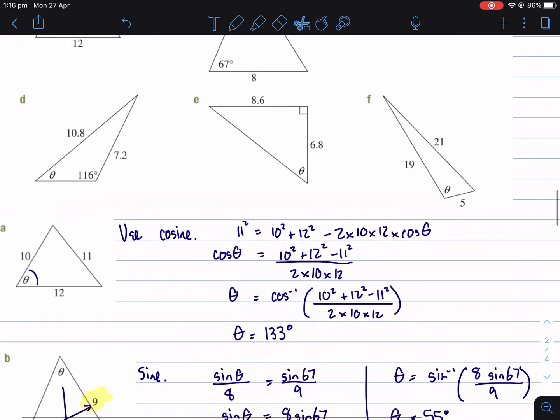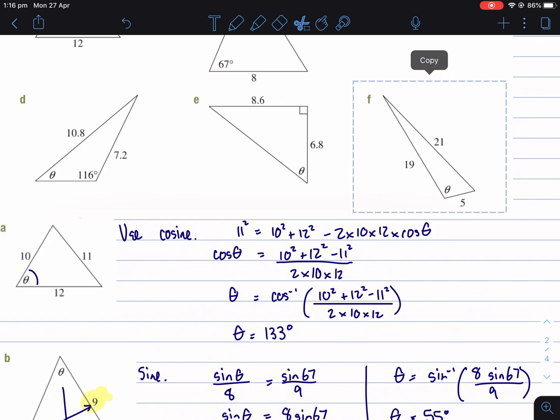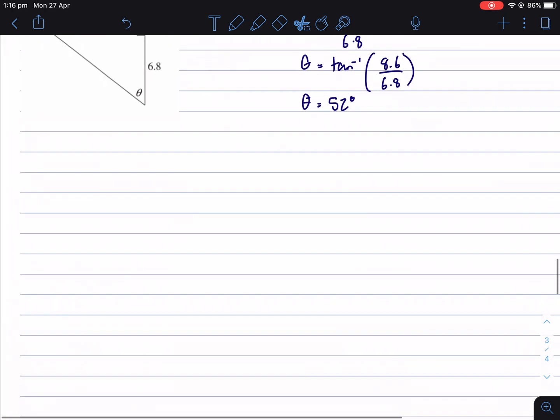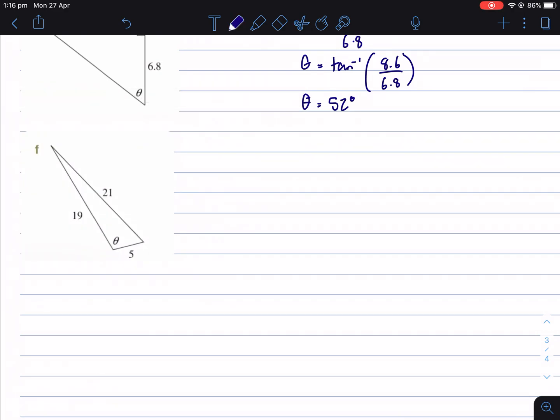And finally, F, not a right angle triangle. You can only assume it's a right angle triangle if they tell you. So that's not a right angle triangle. We don't have a side and its opposite angle, so we're going to use cosine. So we've got cos theta equals, now don't forget, it's the ones on either side, 19 squared plus 5 squared minus the opposite one, 21 squared, over 2 times 19 times 5.